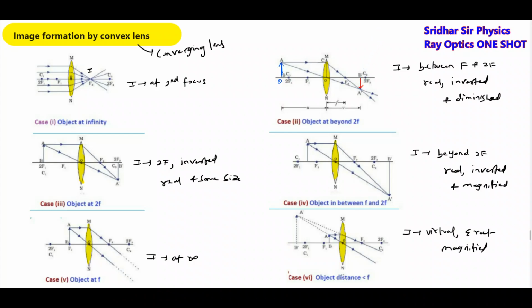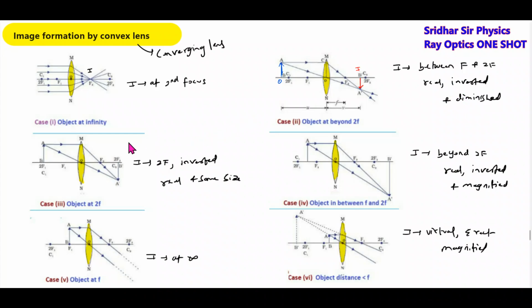This is the image. One ray parallel to the optic axis after refraction will pass through the focus. Other ray passing through the optic center, both will meet at this point and will get the image. So for object beyond 2f, the image will be between f and 2f, real, inverted and diminished.